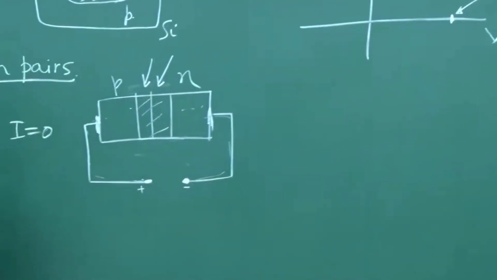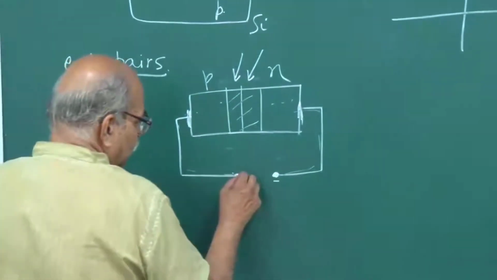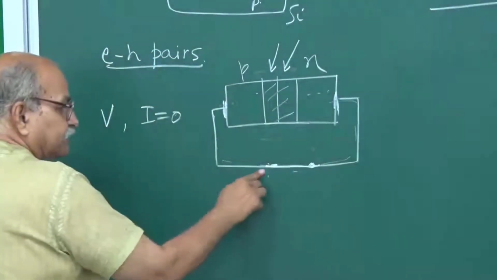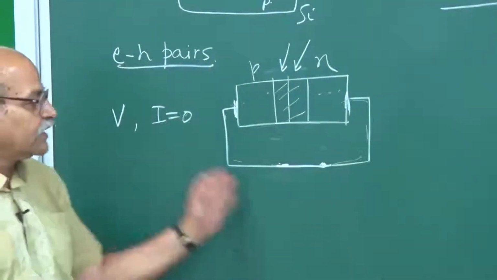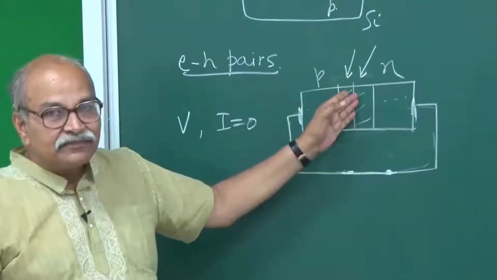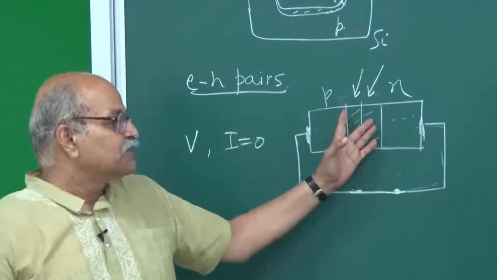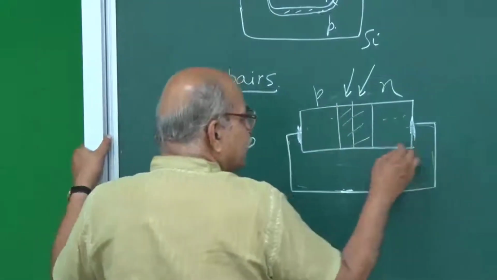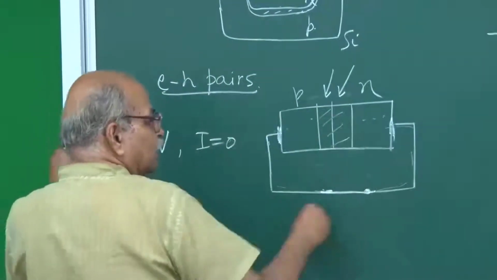What if I connect it to a load? First connect it by an almost resistance-less wire. So I just connect it. Then what will happen? Light is falling, and therefore EH pairs are being created, and therefore the electrons are going this side and these holes are going this side.